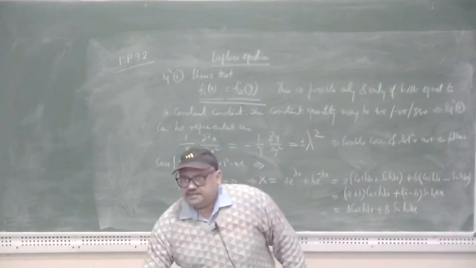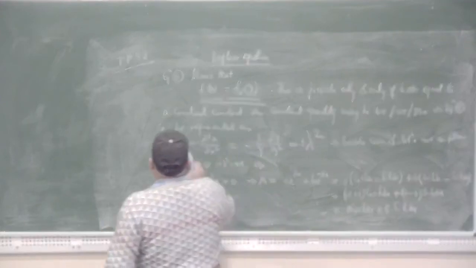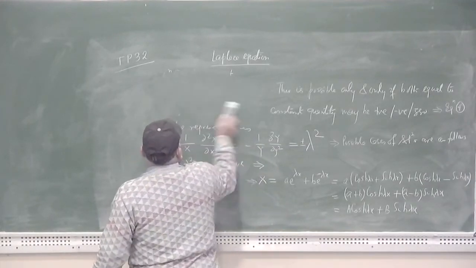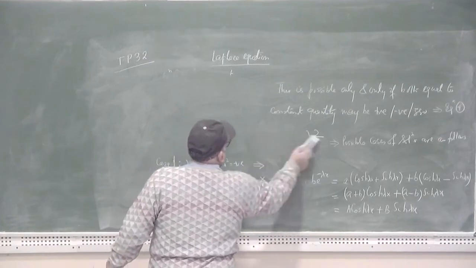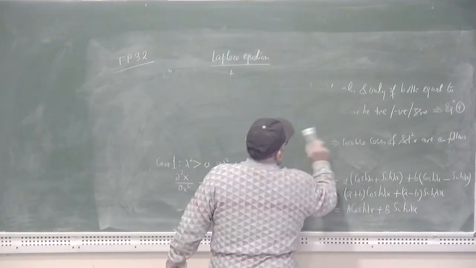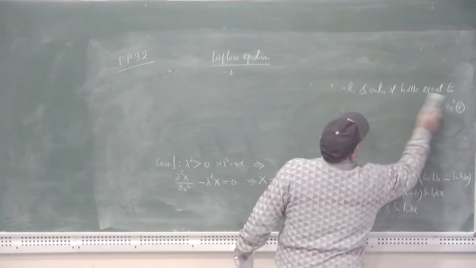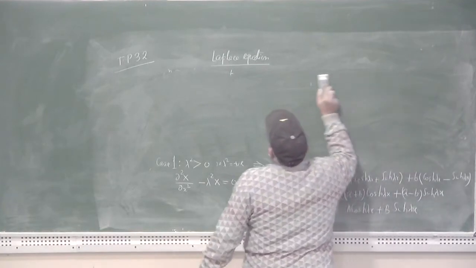Taking the second part of the equation, that is minus 1 by Y d2Y by dy2, that is equal to lambda square.